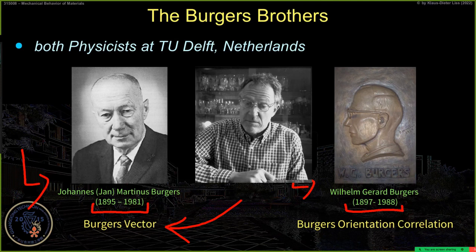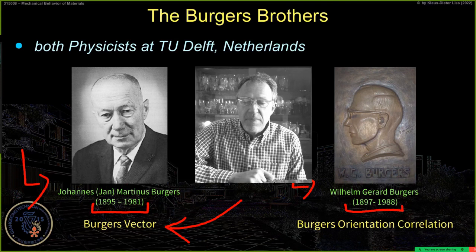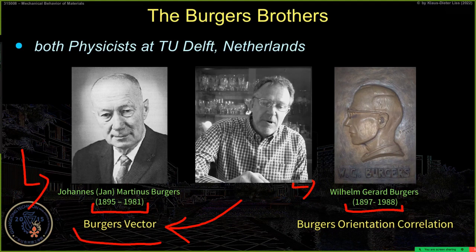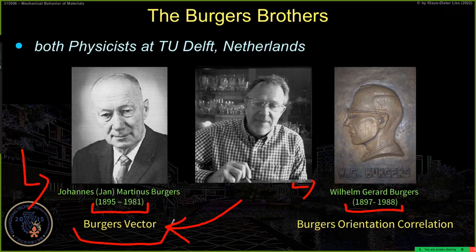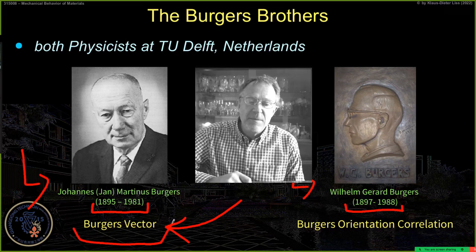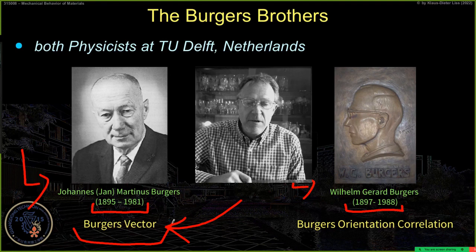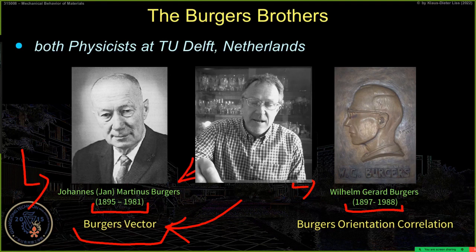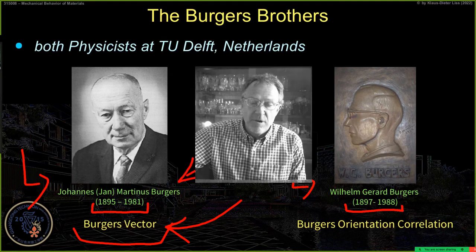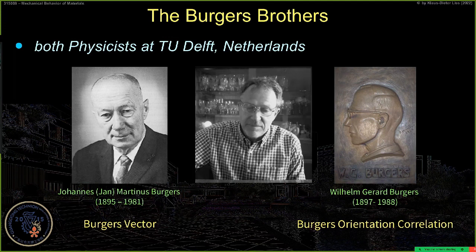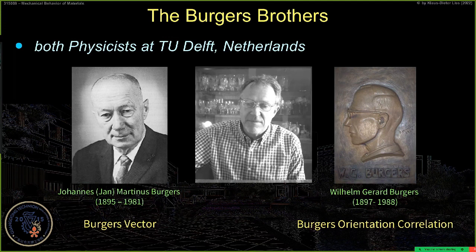So be aware, the Burgers vector is attributed to a different person than the Burgers orientation correlations. Now we talk about Jan Martinus Burgers, or Johannes Martinus Burgers, to the left.